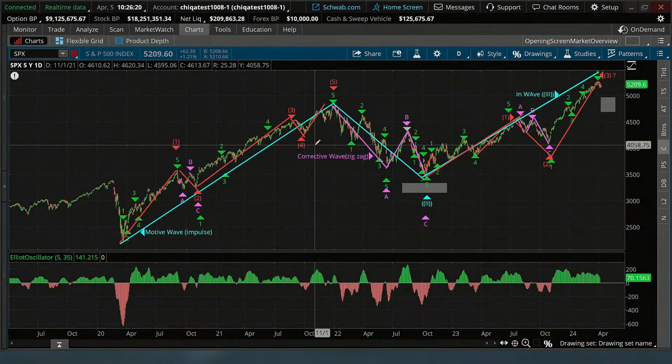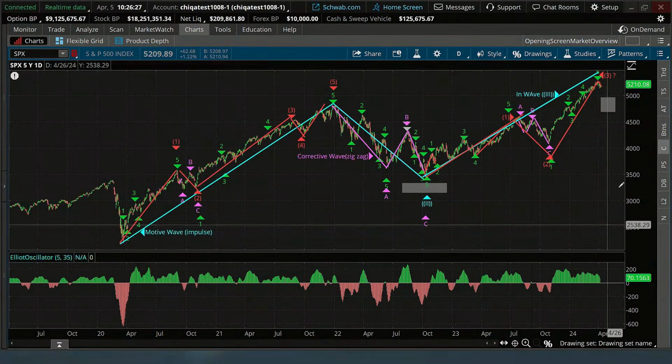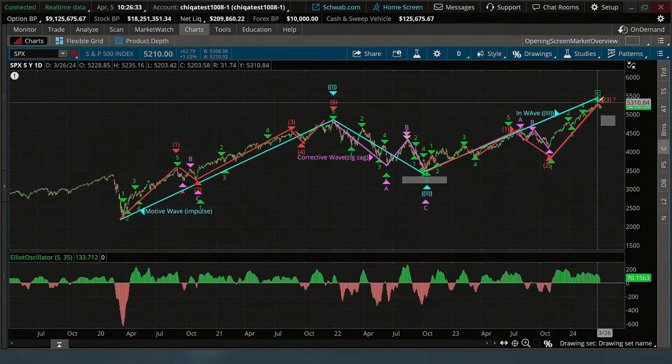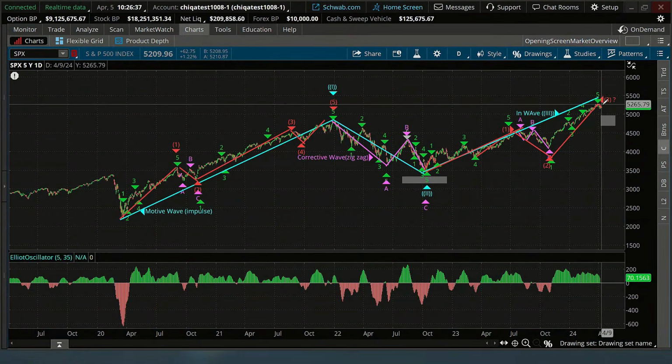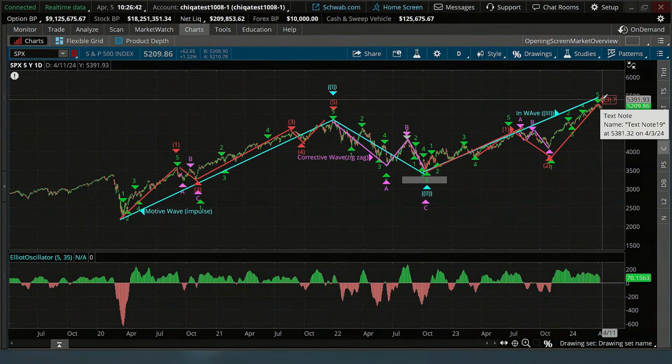All right. Now, how are we going to use this information? Where are we now? We are currently in wave three of the biggest degree. Well, if we are in wave three, it can't be the shortest wave, right?